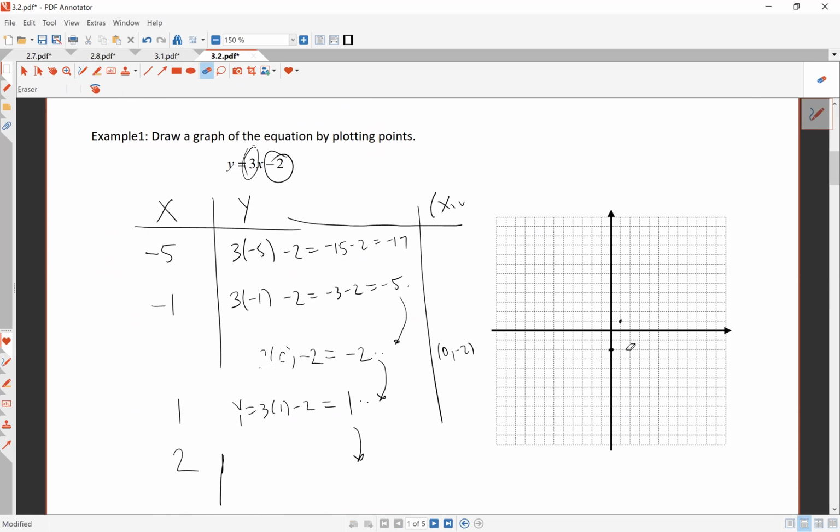So the next one, if I do 2, will be 3 times 2 is 6 minus 2 will be 4. So 1 plus 3 is 4, and then 3 will be a 7. And so we'll just keep putting points by going up 3. And so that's what our line looks like, using a straight edge through all of those points.